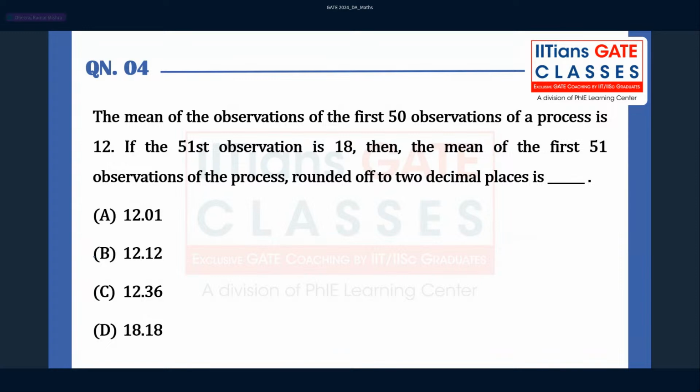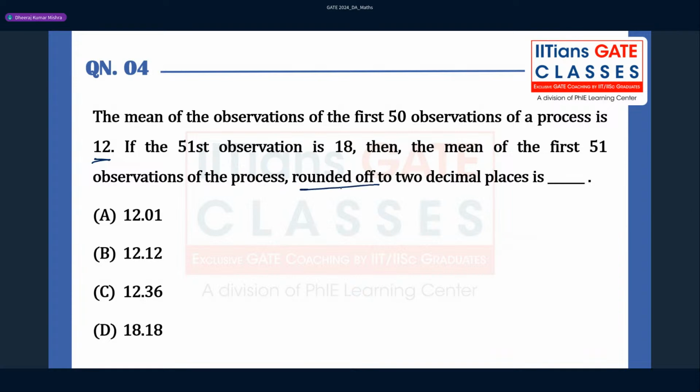As we can read the question here, guys, the very first question that was asked: the mean of the first 50 observations of a process is 12. If the 51st observation is 18, then we have to find the mean of the first 51 observations of the process.